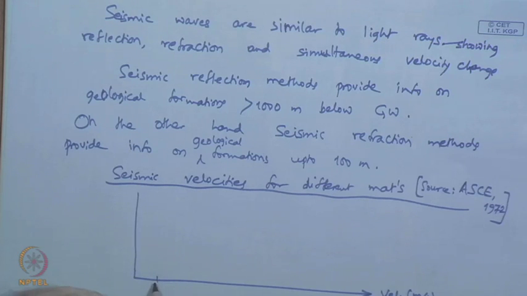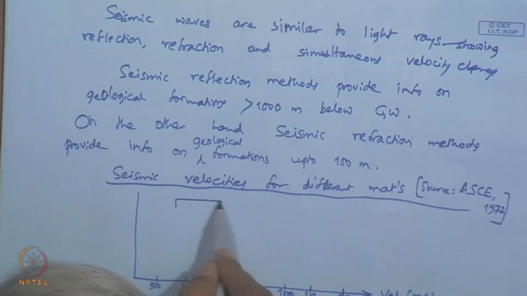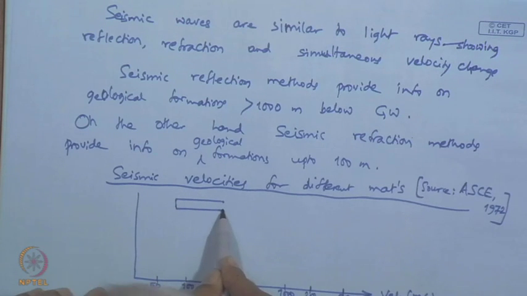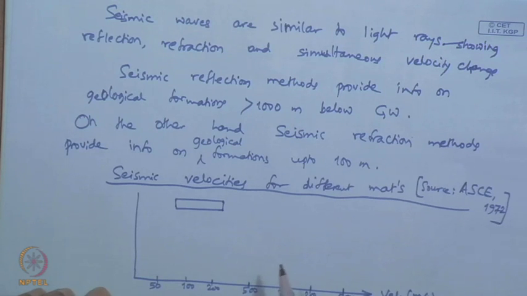So, this is 50, 100, 200, 500, 1000, 2000 and 5000. Here the loose sand will have a seismic velocity in the range of 100 to 200 meters per second.